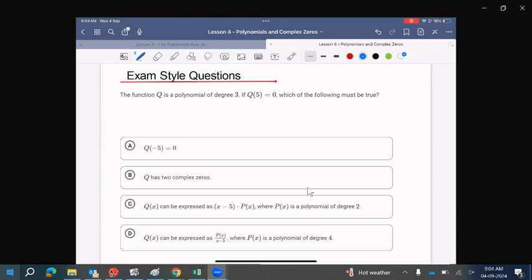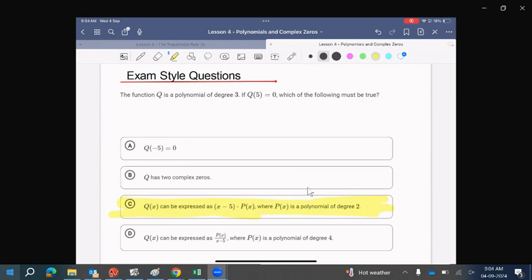Hands up for A. Hands up for B. Hands up for C. Hands up for D. The correct answer is C.